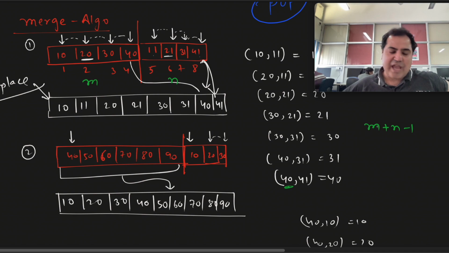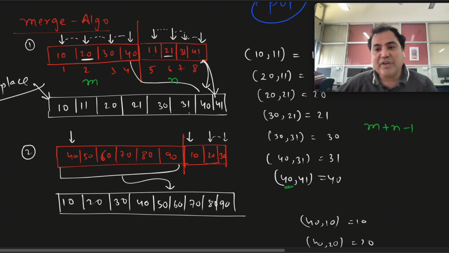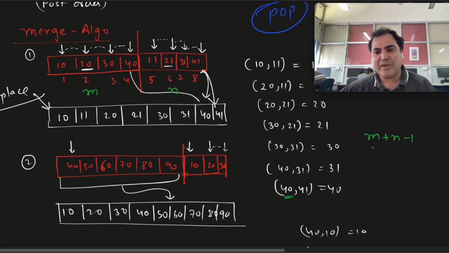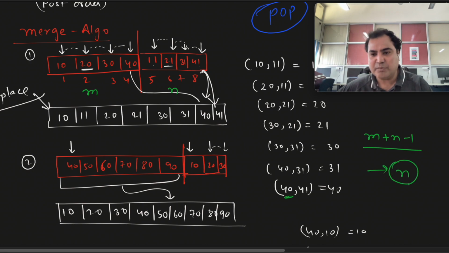Usually we divide it into n by 2 size; m and n is the general notation. But if we have n size subarrays, this is how it is written in books also: we divide it into n by 2 for one subarray and n by 2 for the second subarray, minus 1.